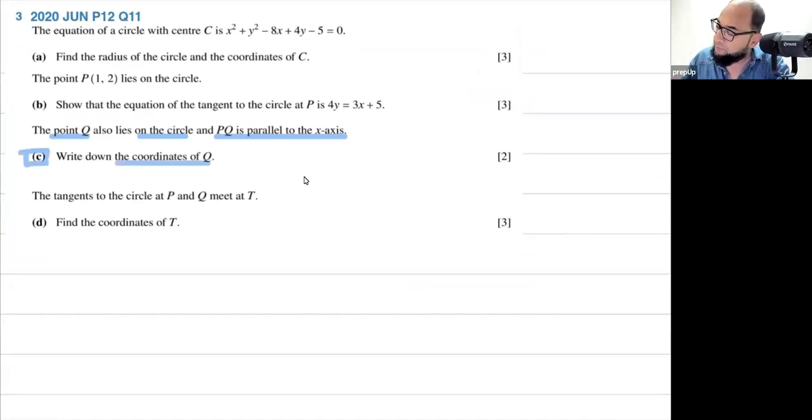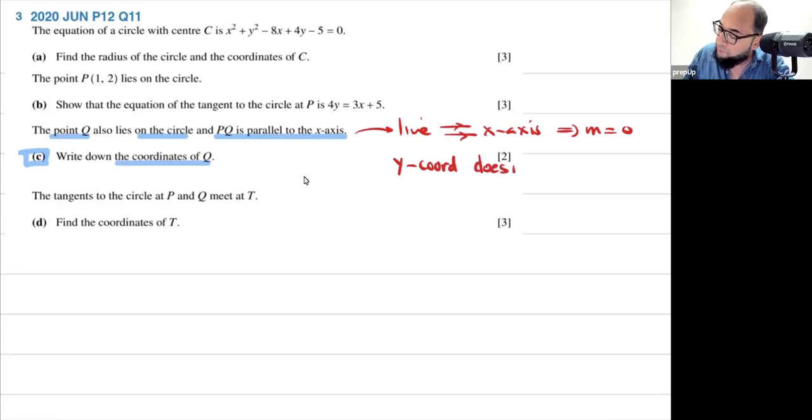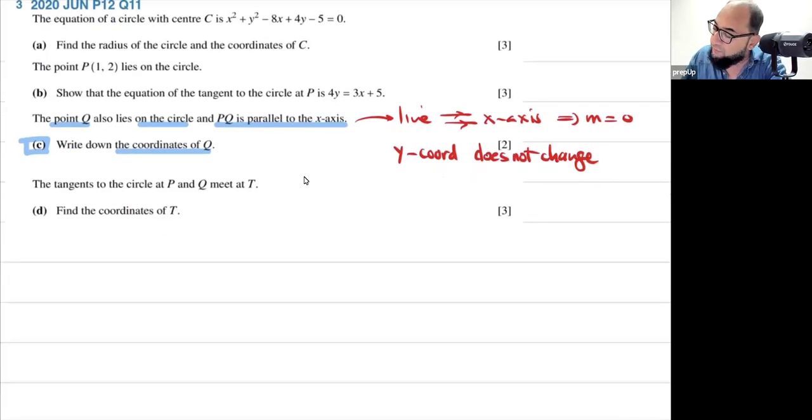Now, first of all, if a line is parallel to the x-axis, yes, we know the gradient is 0, but why does it happen? It happens because the y coordinate does not change. Now, first of all, we have the coordinates of P, which is (1, 2).